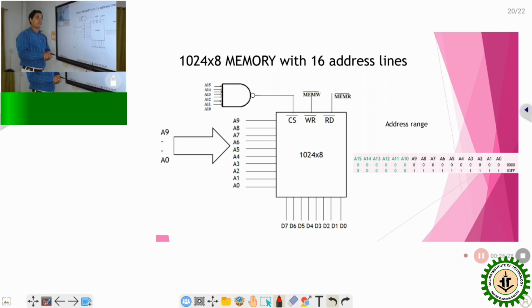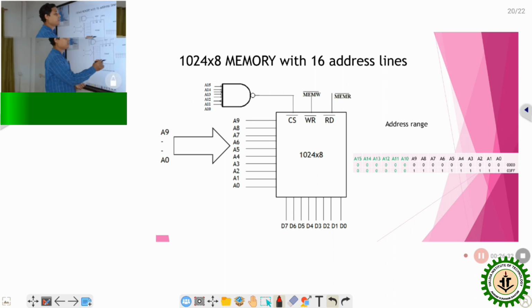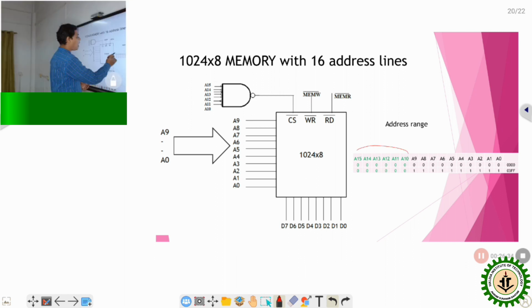So if we consider all the 16 address lines, obviously there will be 6 unused lines. A0 to A9 are already connected with the memory device to select the memory element, whereas the unused lines A10 to A15 are used to enable the chip select line.